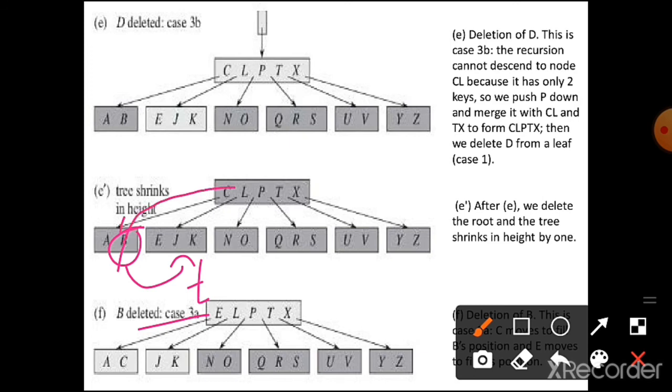C is moved to B, and one of the siblings' keys, that is E, is replaced here. It has t keys, so we can replace with it. So E is replaced here and B is removed and C takes its position. So C is moved to fill B's position and E is moved to fill C's position.